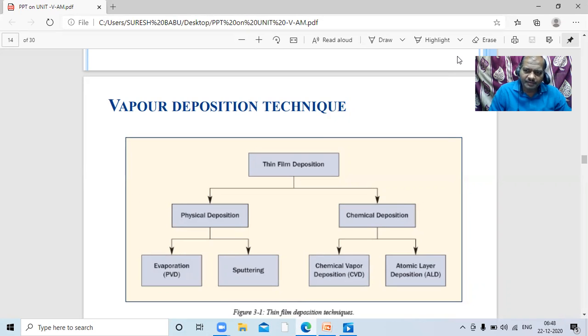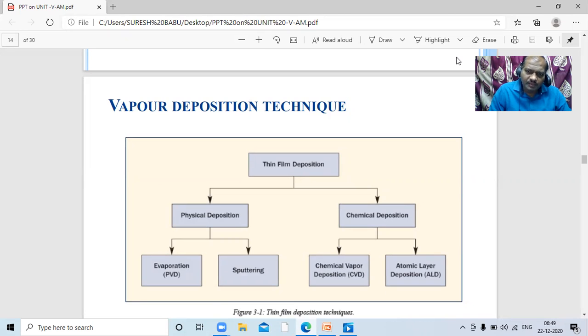One is called physical deposition, and the second is chemical deposition. In physical deposition, two methods are there: vapor deposition and sputtering. In chemical deposition, another two methods are there: chemical vapor deposition and atomic layer deposition.